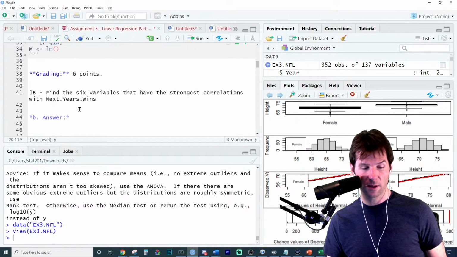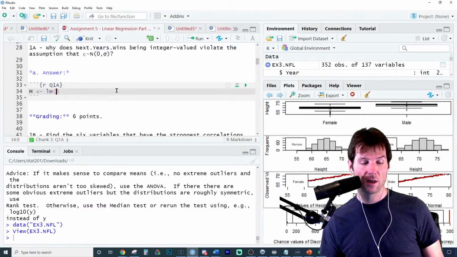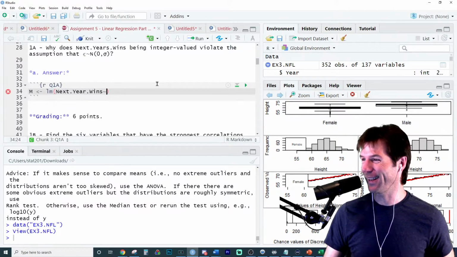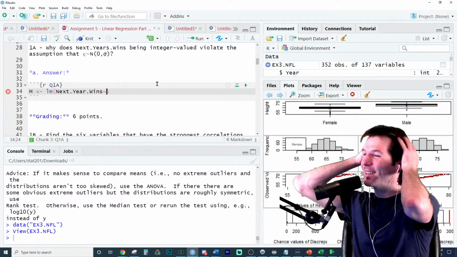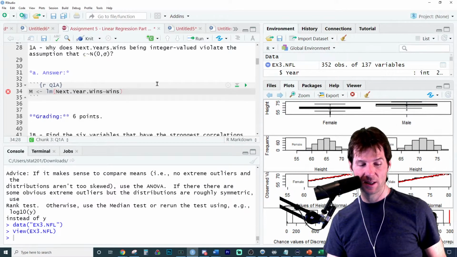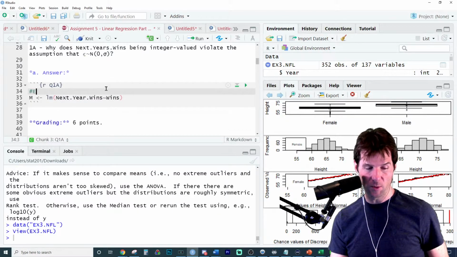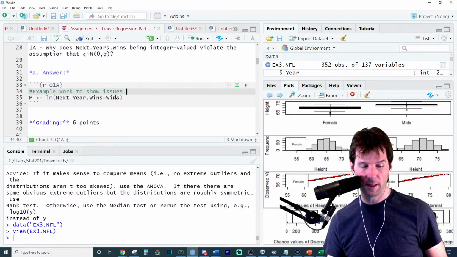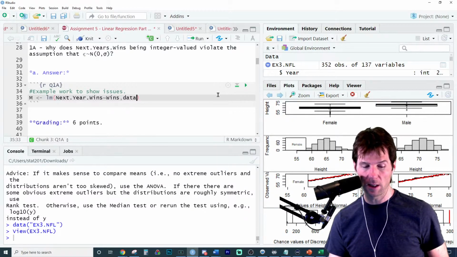So we really only need it as the Y variable of interest. I do love coding, you can get so many questions answered so immediately. And then we need to do data equals EX3 NFL.